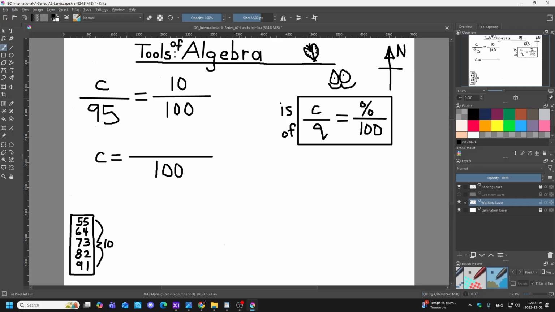Okay, so our numerator is 10 times 95. Let's cancel a couple of zeros. And we are left with 95 over 10.